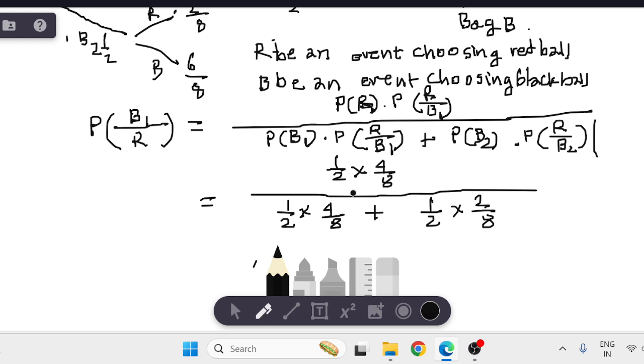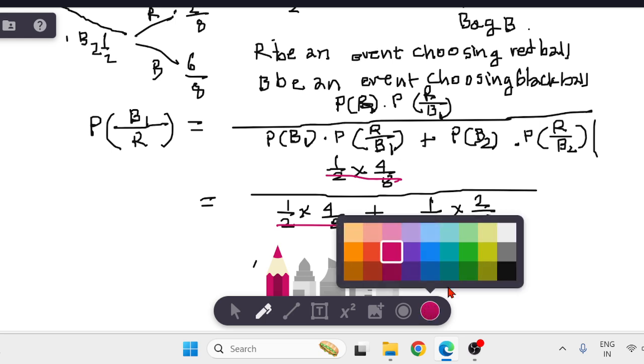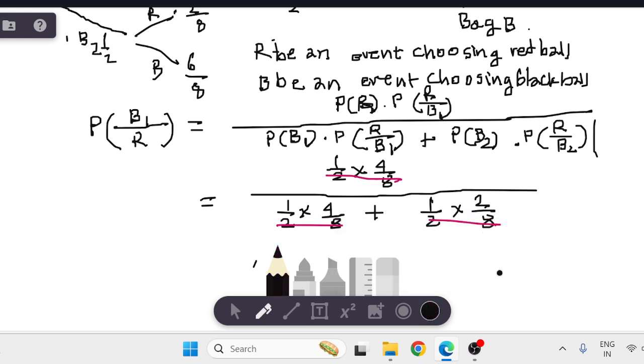If you write this much, you will get full marks. I just want to cancel this 8. So the issue is not writing all the events; the issue is how to solve it. We generally get confused in this. So 4 by 6, that is nothing but 2 by 3.